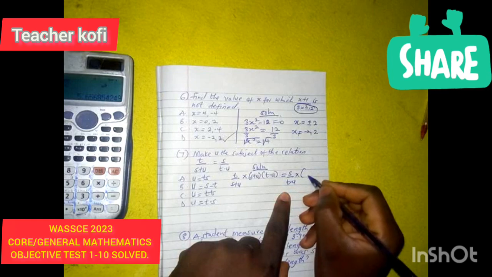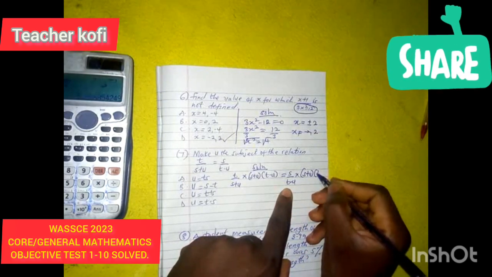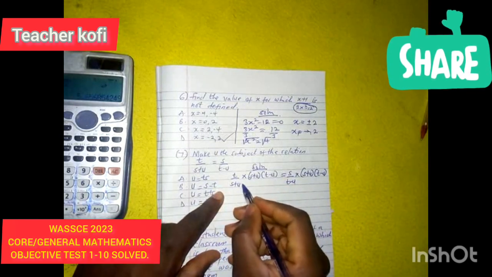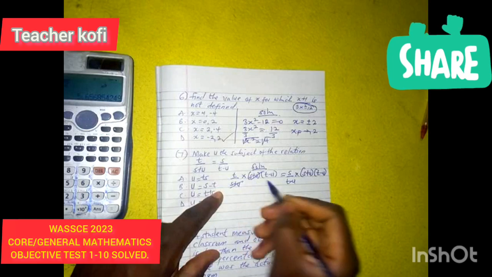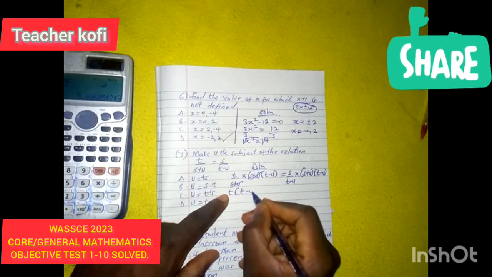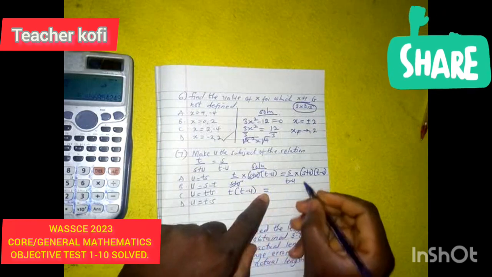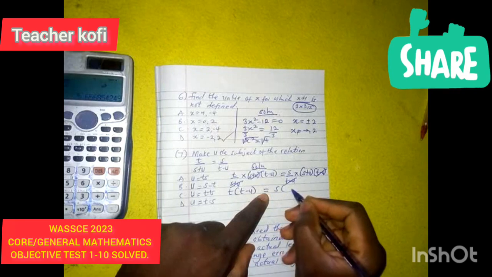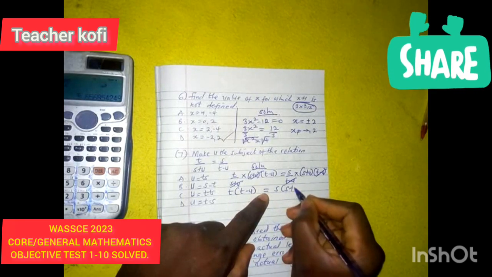This will cancel this, leaving t into bracket t minus u equal to this one to cancel this, leaving s into bracket s plus u.